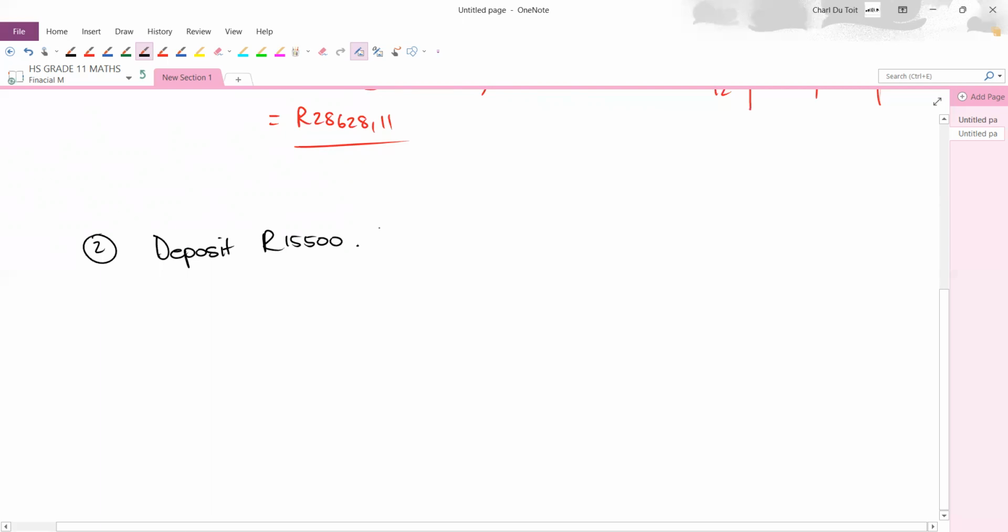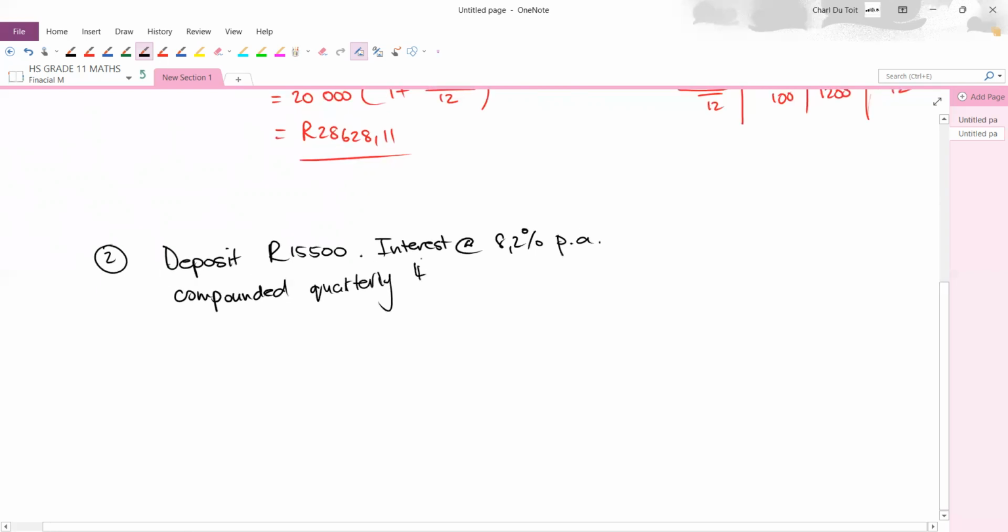And it's going to draw interest at 8.2% per annum, compounded quarterly. I want to know what our balance is after 3.5 years.